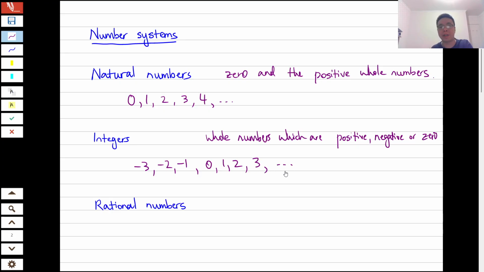And I can keep going up, but I can also keep going down as well. And I'm going to represent this with the 3 dots on either side. Notice that the natural numbers had a starting point at 0, whereas integers, they don't, because they kind of go both ways. And at this point, we have something resembling a number line with discrete intervals at each whole number, 0, 1, 2, and 3.